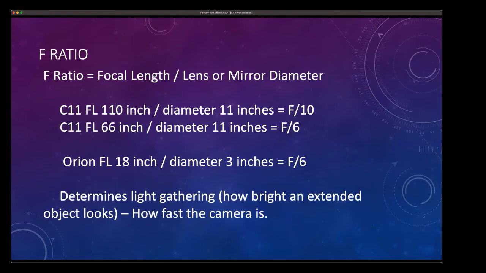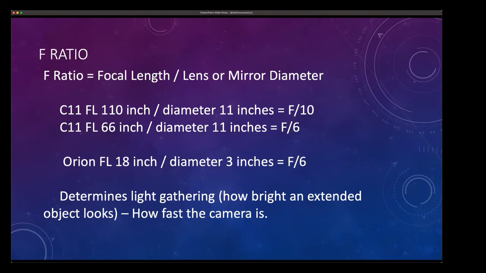I have an 11-inch, you have a 3-inch. They're both F6. Well, both images are going to be exactly the same brightness. F number photographically determines the brightness of an extended object. And you say that can't be right. Well, it is right. But I'm not going to try and prove it to you. You just have to take my word for it.